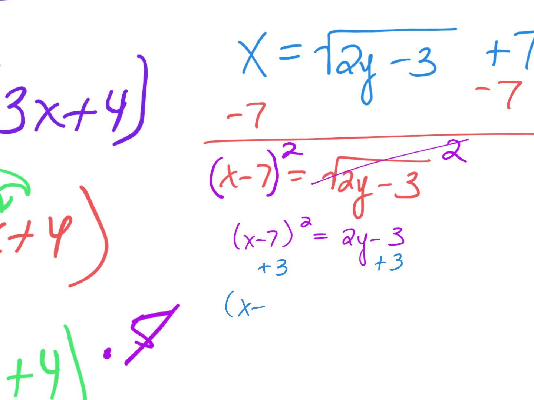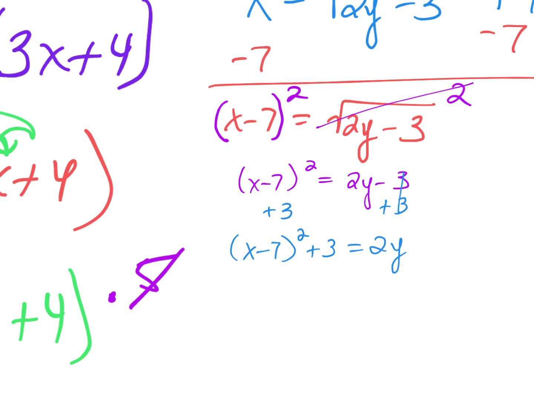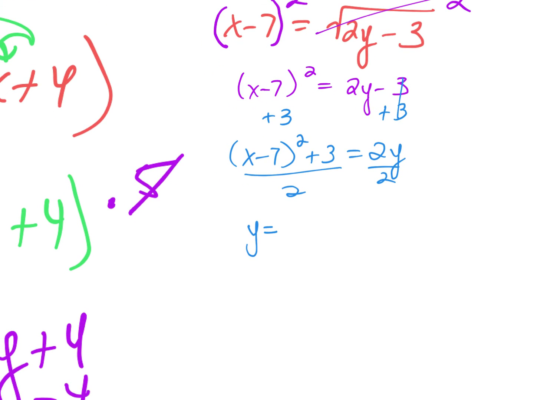So I have (x minus 7) quantity squared, then we have our plus 3. That doesn't go inside of the parenthesis. And now what? We're going to divide by 2. So I have y equals ((x minus 7) quantity squared plus 3) divided by 2.